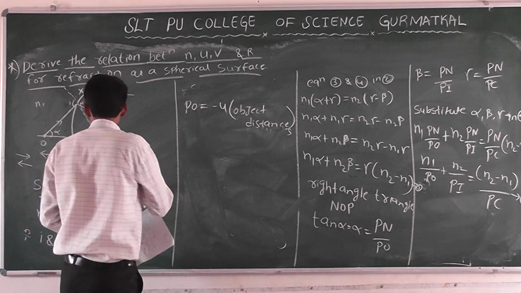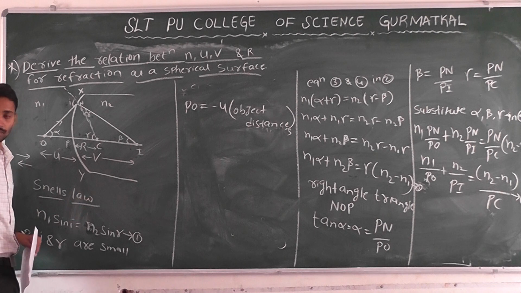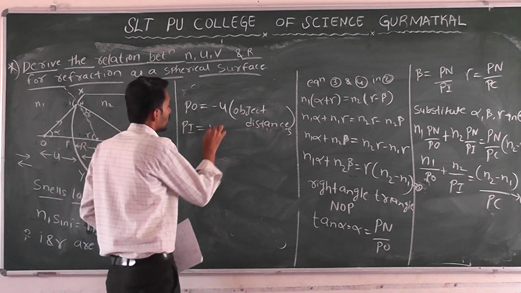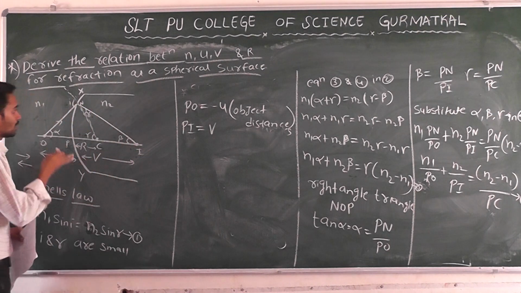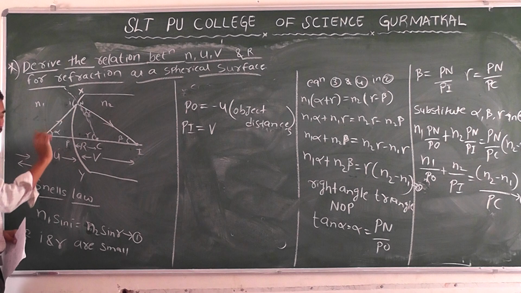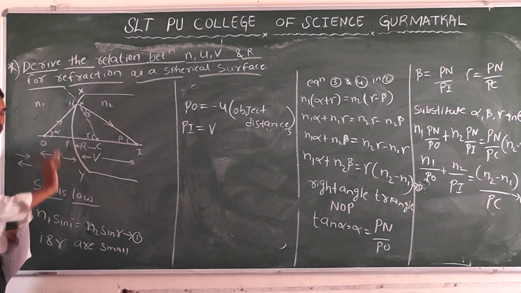Next, which one is the image distance? PI is the image distance, denoted by V. So PI is equal to V. Why do we write V as positive? Light is moving in this direction, and we are also measuring the distance from pole to PI in this direction. So V is positive.